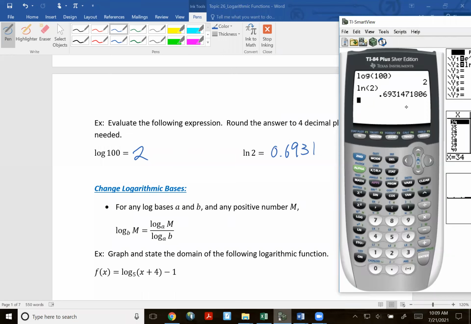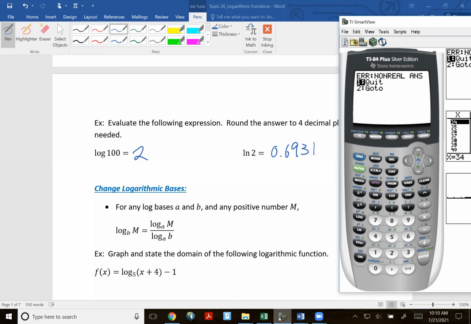So what happens if we need to graph a log function with bases other than 10? Well, there's a formula called change of logarithmic base. For any log bases a and b, and any positive number m. By the way, you cannot take a log of a negative number. It does not exist; it's not a real answer.